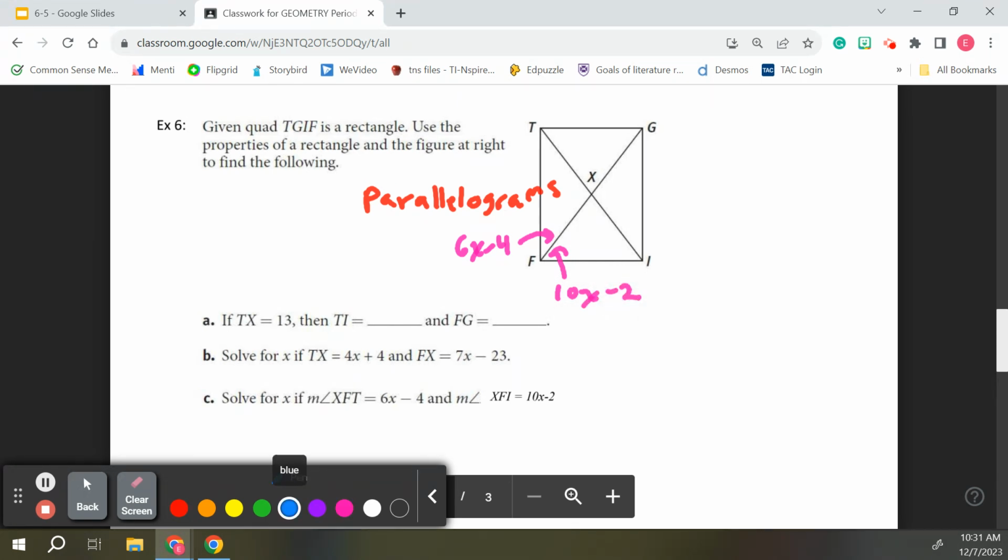Now, if we look at this whole angle here, TFI, what is TFI equal to? 90. It's equal to 90 degrees. We covered that already, right? So when we work on both of these, we're going to set this up as 6x minus 4 plus 10x minus 2 equals 90 degrees.